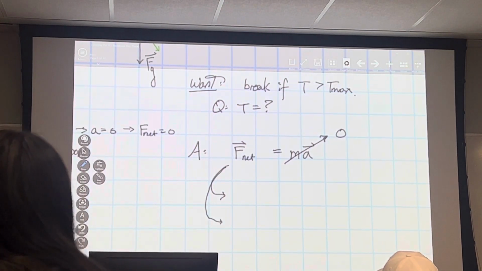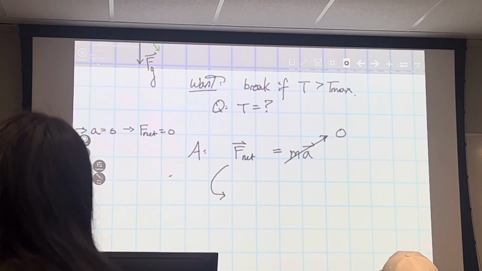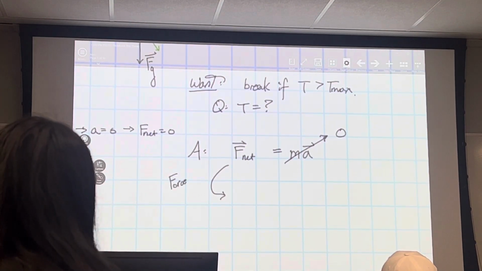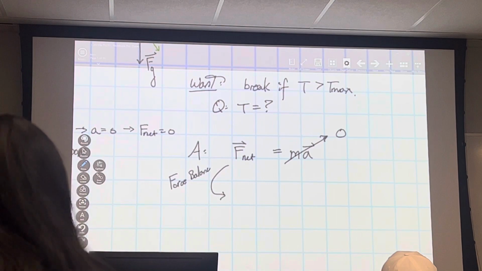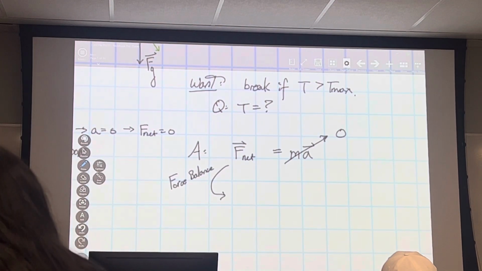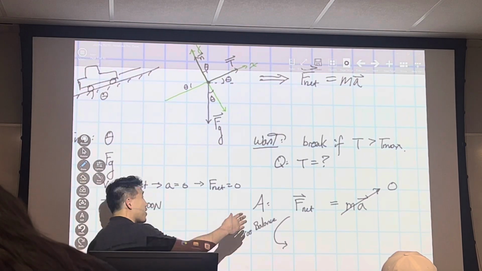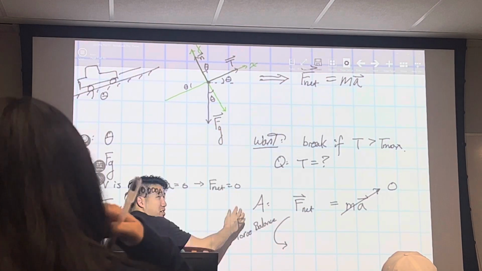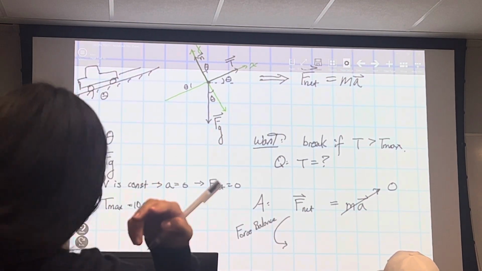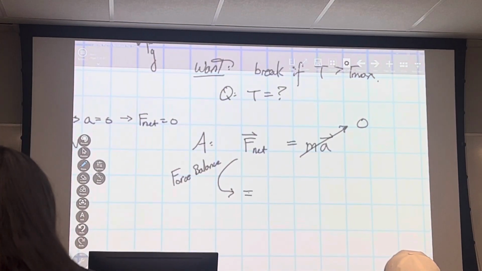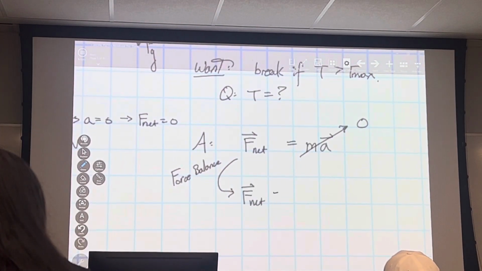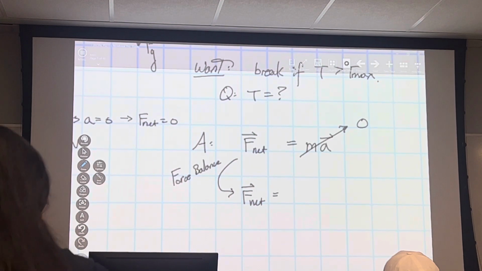Now what we're going to be doing is what is called the force balance. Simply put, we're just asking, what are all the forces actually acting on our system? So we're just trying to expand out the left-hand side. In our scenario, what is the net force?